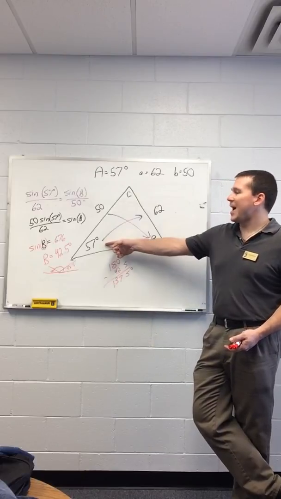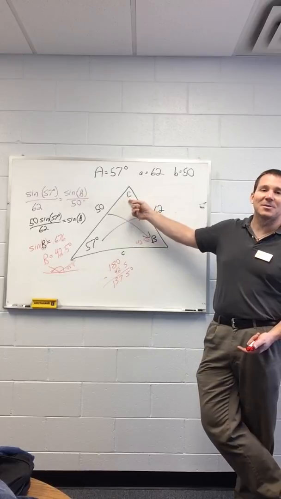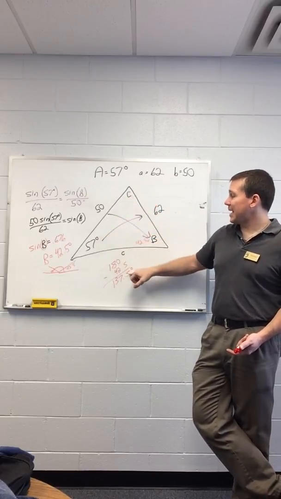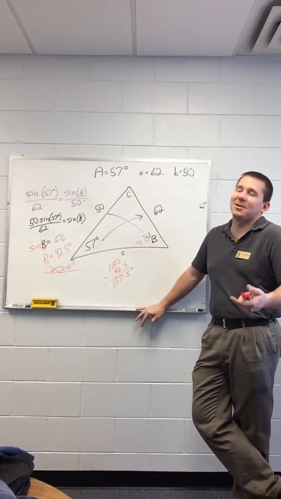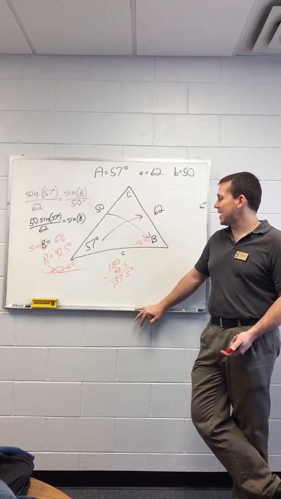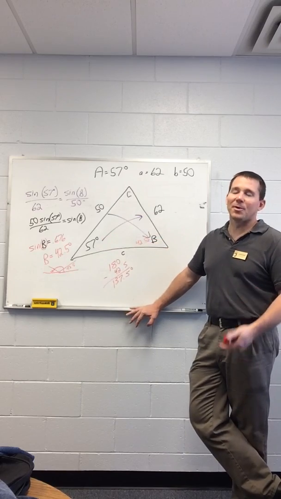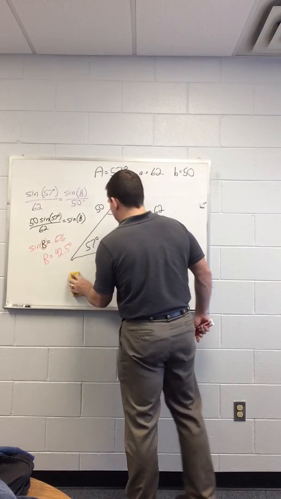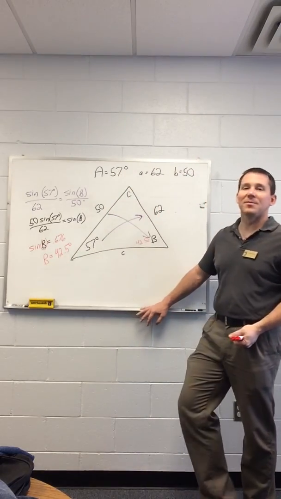So if these two add up to something less than 180, then it allows a third value for angle C, and you can get a triangle. If this angle and this angle add up to more than 180, then it clearly can't be a triangle because the sum of the angles has to be 180. In this case, 137 and 57 is more than 180, which tells me this angle doesn't work, and the only one that will give me a triangle is 42.5 degrees.